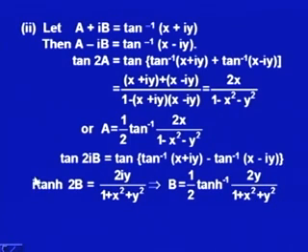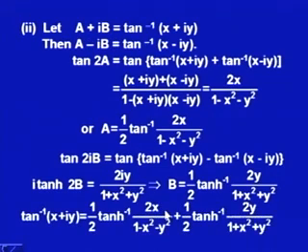This i will get cancelled with this, and then further simplification will yield me the imaginary part b as this. So, I have obtained a and I have obtained b. So, tan inverse (x + iy) is expressed as a + ib. So, this is what I have written here, this is a plus i times b.